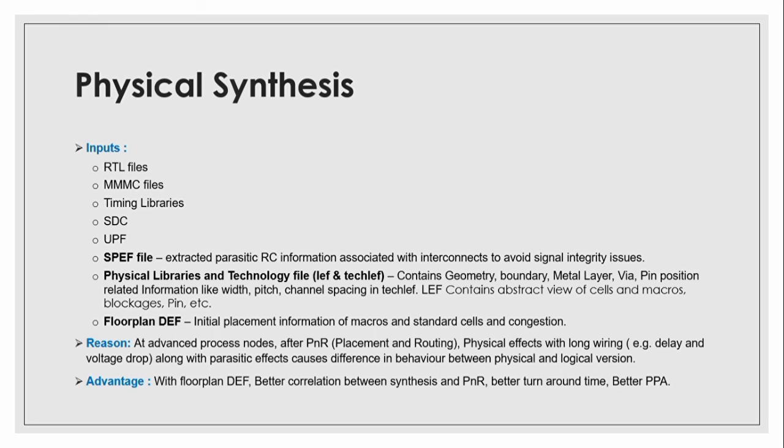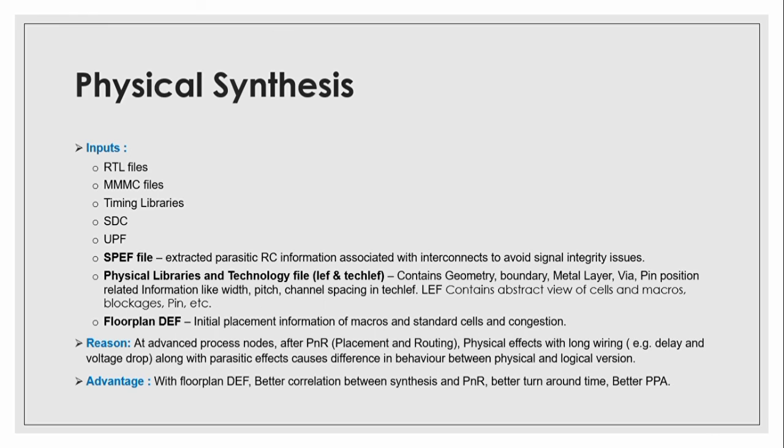That means the netlist and the layout do not have logical equivalence. That's why we go for physical synthesis, because we have to make a correlation between physical design and synthesis, but due to physical effects from these long wires, we face this issue.